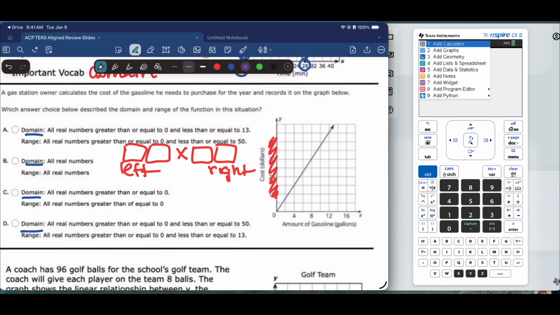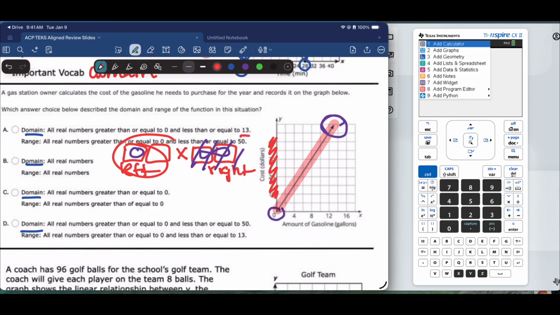And what I'm going to do is I have my left number, 0. I'm going to put that in my left box. And remember, we're looking at this line right here. So if I look at my next part, I see an arrow. If there's an arrow, I put an infinity. I don't need this side anymore. So my answer should only have the number 0, only 0.